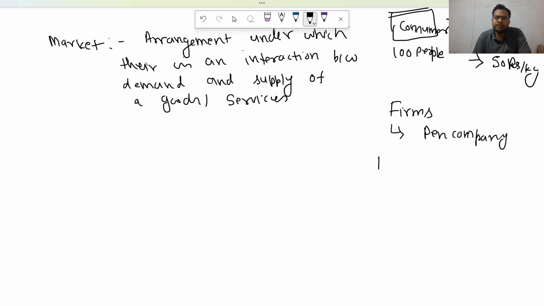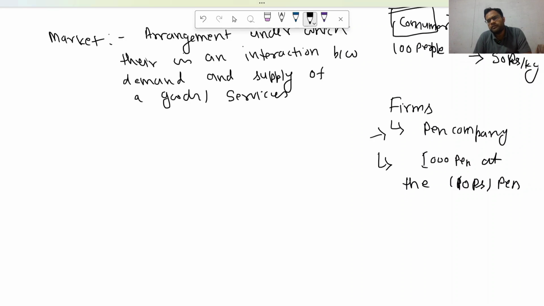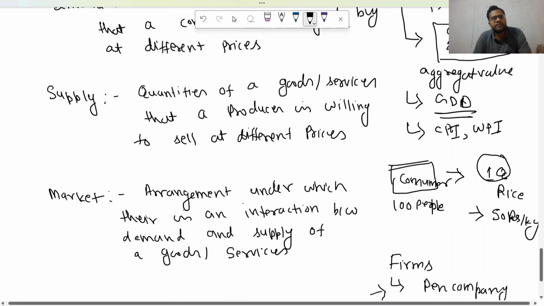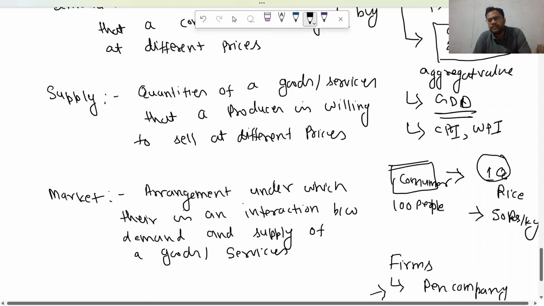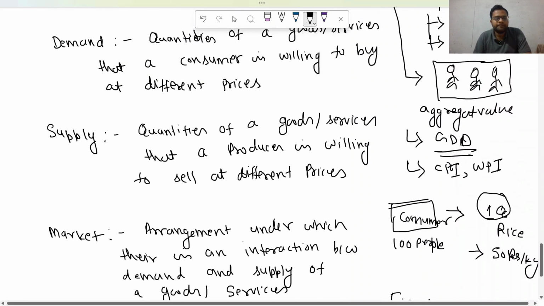This firm is willing to sell, let's say, 1,000 pens at the rupees of 10 rupees per pen. Then this would be the supply of this particular good. So this is the supply, and this interaction between the demand and supply gives rise to the market price.